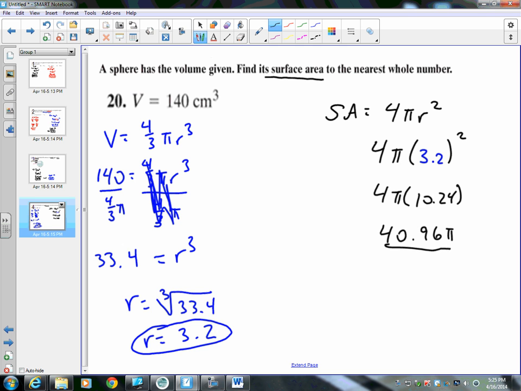This is our answer in terms of pi, but this says to the nearest whole number. So we're going to multiply these together, 40.96 times pi, and we end up with 128.67. Nearest whole number, no decimal places, it ends up rounding up to 129. And that's our final answer.